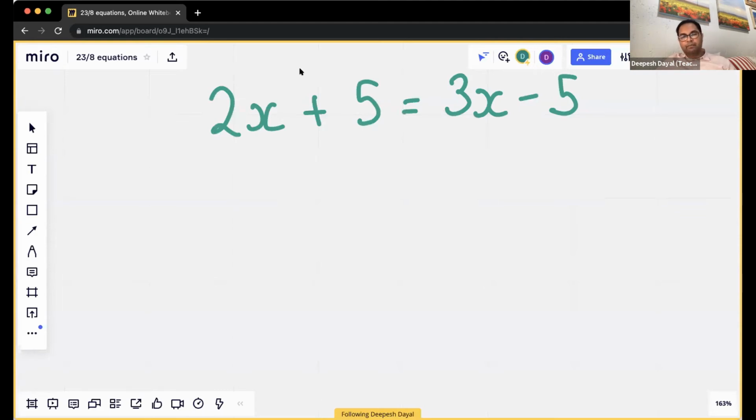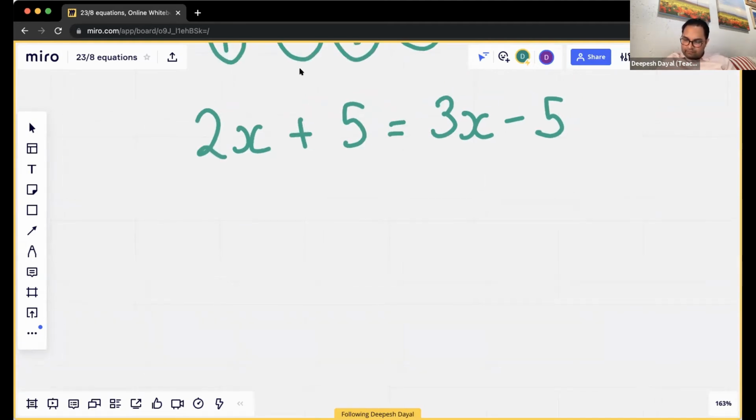The 3x. Okay, so we want to take it to the side where the x is bigger. Where is the x bigger, on the left-hand side or the right-hand side? Isn't this x here bigger, the 3x? It's bigger.